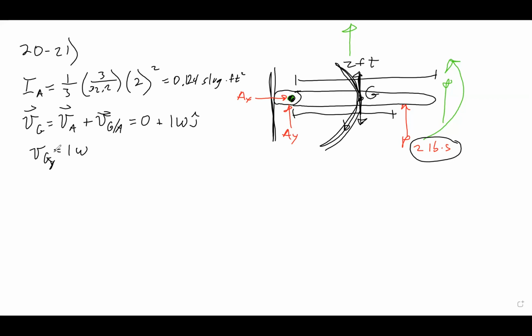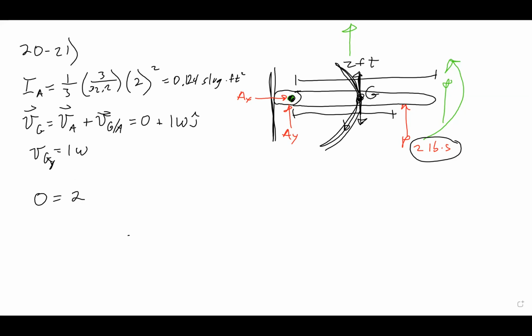Now we can go to the linear momentum equation. So we know that the rod has no initial momentum, but this is the rod at point G. We want G's linear momentum. Okay, so there will be no initial momentum, and then we're given the impulse. There is going to be 2.